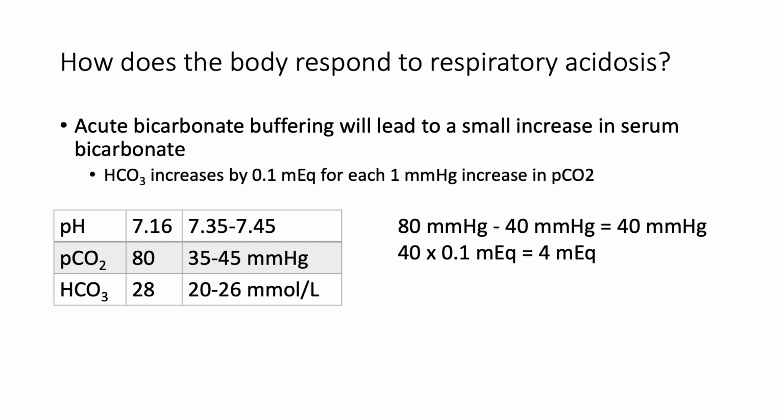So we take that 40 millimeters of mercury and times it by that 0.1 milliequivalents of bicarbonate that you'd expect to see, and you'll see that you'd expect the bicarbonate to increase by 4 milliequivalents. And so if a normal bicarbonate is 24 and we add 4 milliequivalents, that would give us 28, which is what we do see in this case. So this does suggest that this is an acute respiratory acidosis.